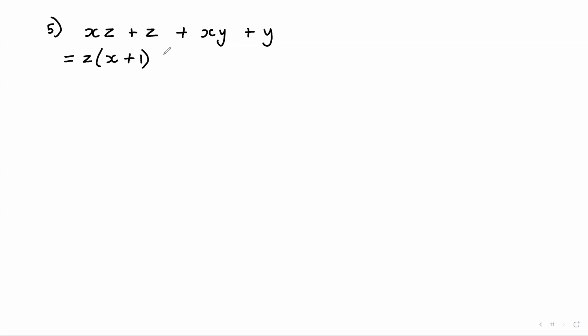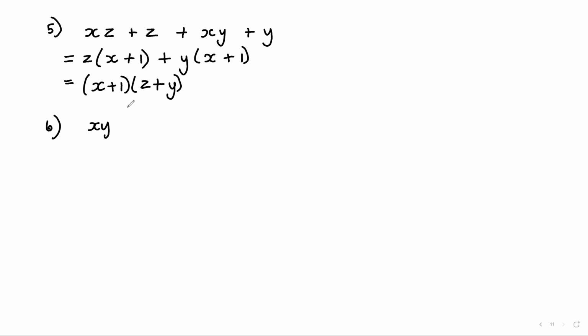And then you bring down your plus sign. xy and y have y in common. y times x is xy, and y times 1 is y. So this would be x plus 1, right? Times z plus y, right?